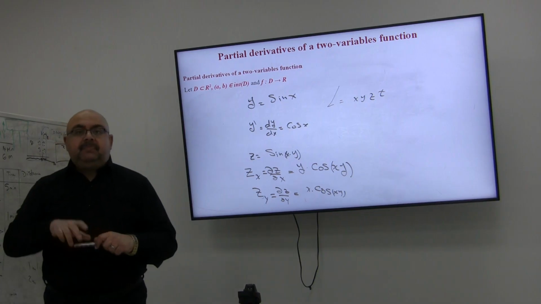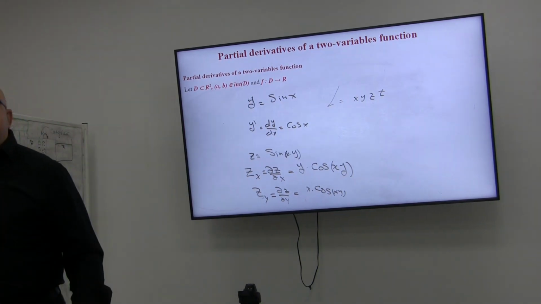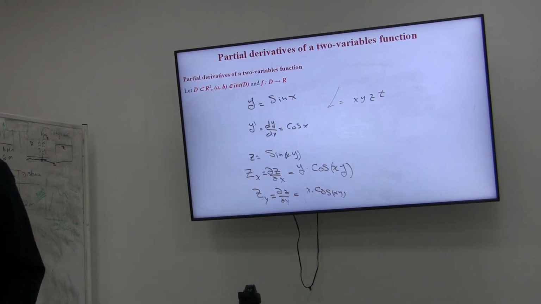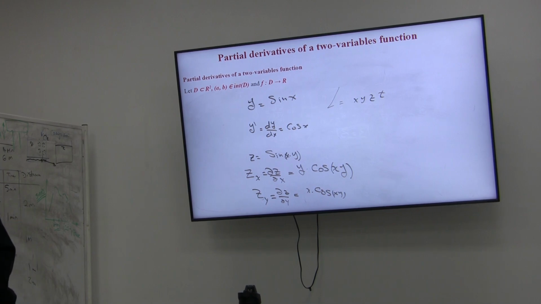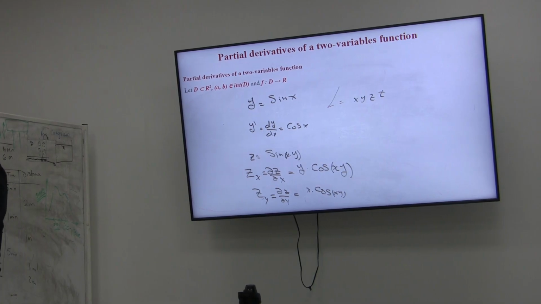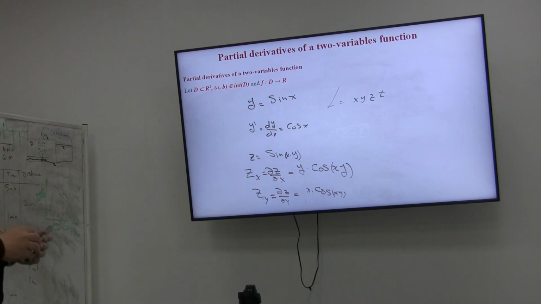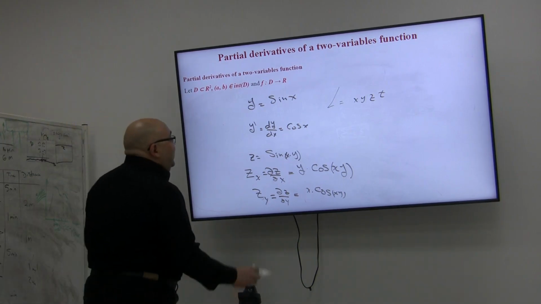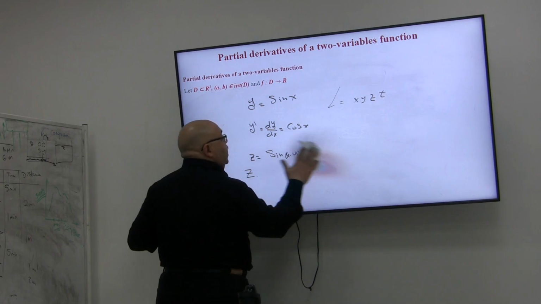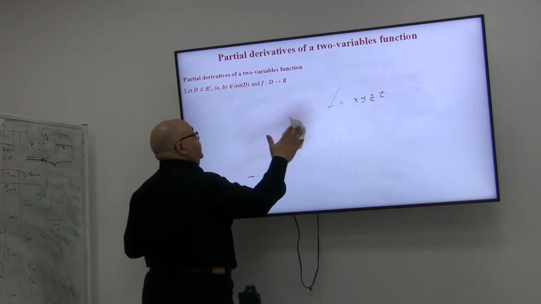Okay? So, bottom line, the partial derivatives will be needed if you are dealing with functions in several variables. The total derivative will be needed if you are dealing with a function in how many variables? 1 variable.